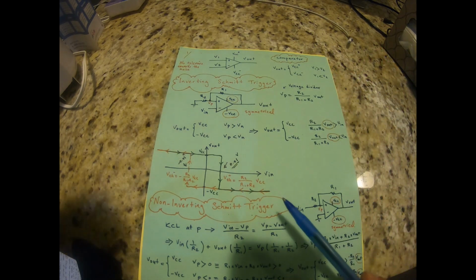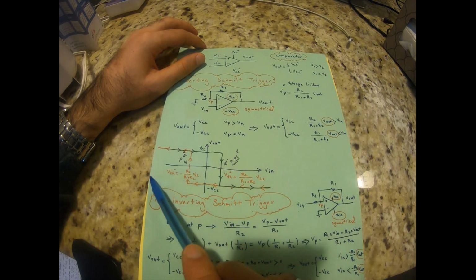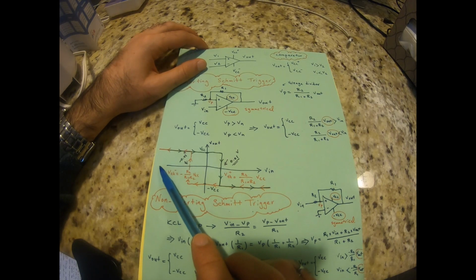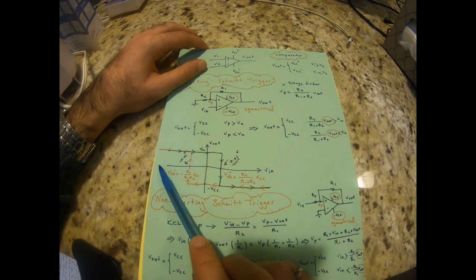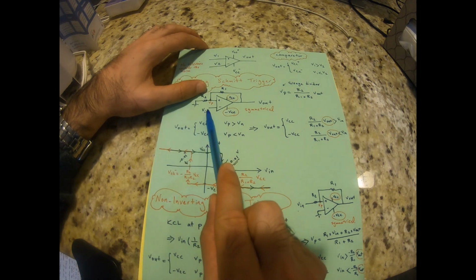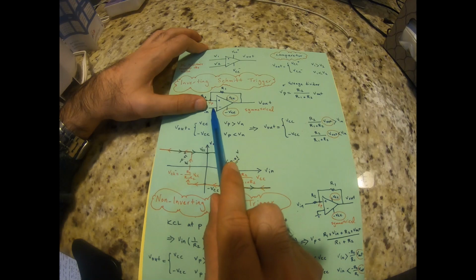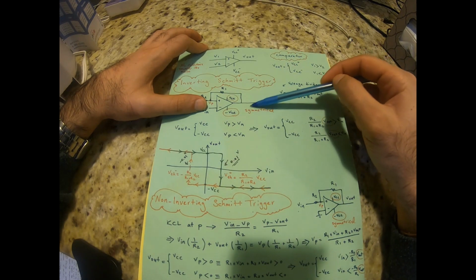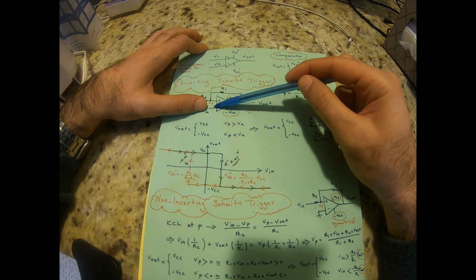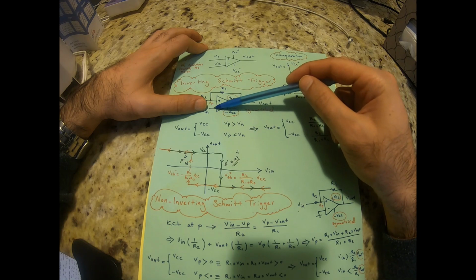If Vin is a very huge negative number, then the output voltage is going to be equal to VCC because VP is going to be bigger than Vin.